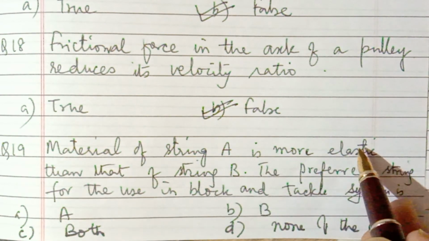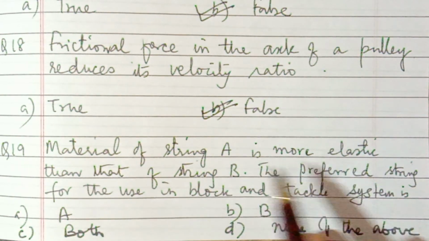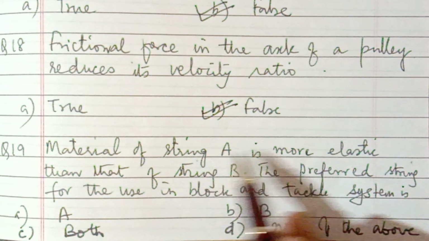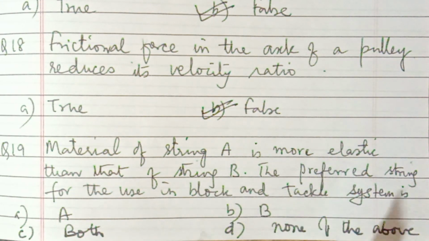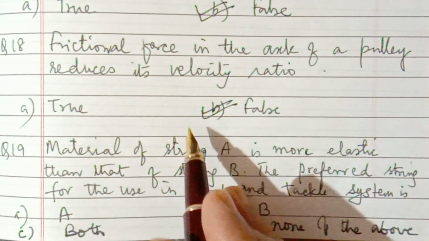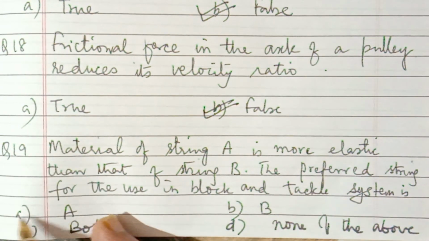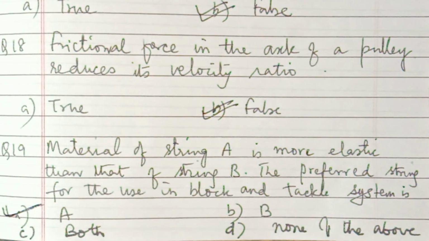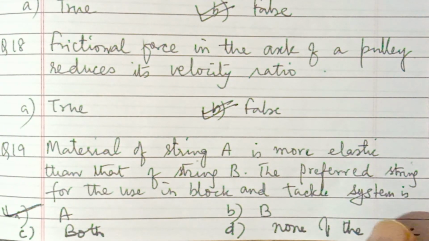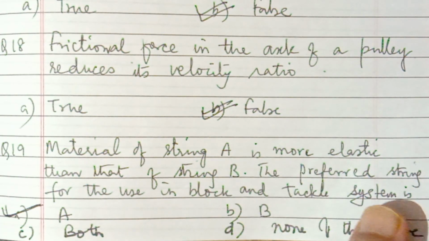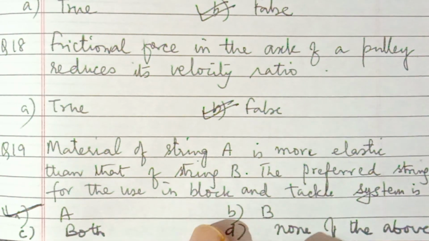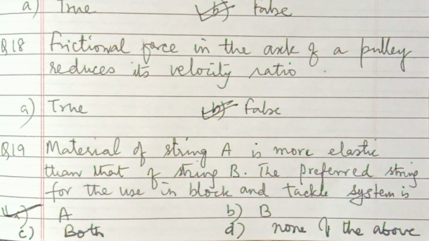A is more elastic. The string should be perfectly elastic. As A is more elastic, it should be preferred to reduce the energy loss or to increase the efficiency. So this is how we can solve it.